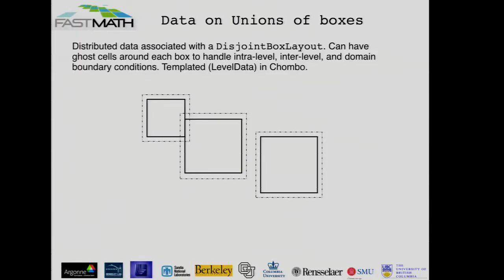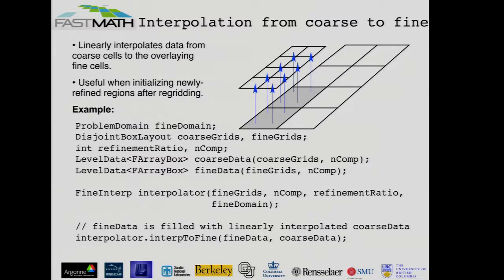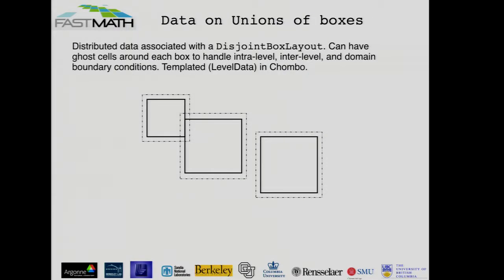The data is basically defined on these unions of rectangles, and that class is called LevelData. So this is what I was talking about: you have the DisjointBoxLayout where all of the boxes are completely disjoint, and then they have their halo cells which are overlapping, and the LevelData is the actual physical data defined on a BoxLayout.